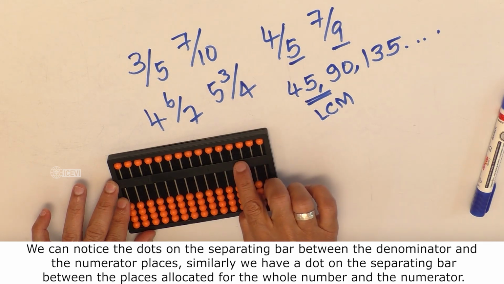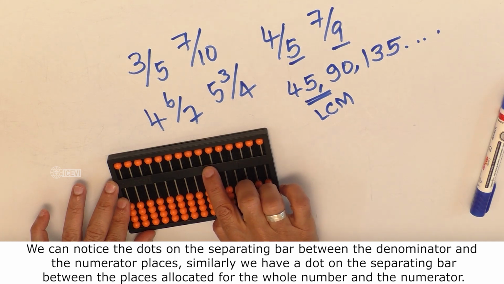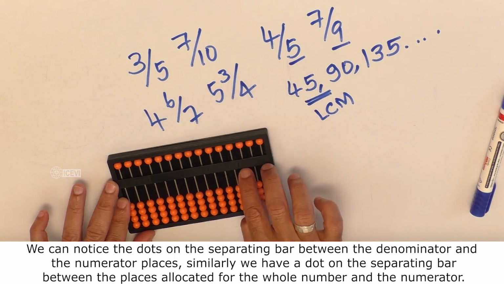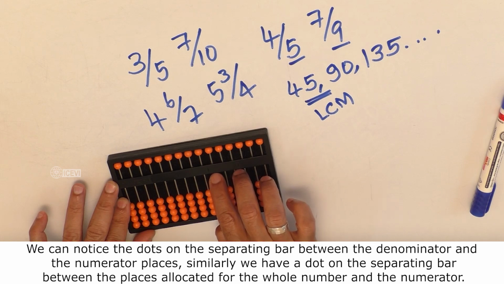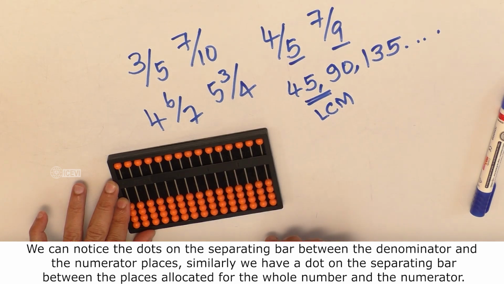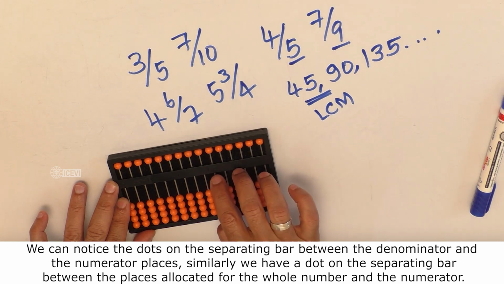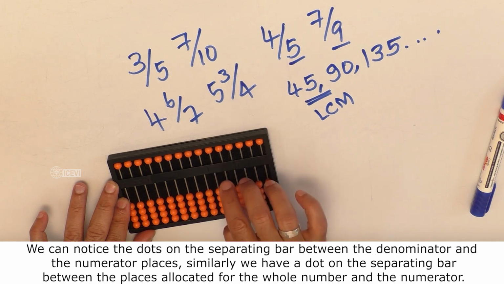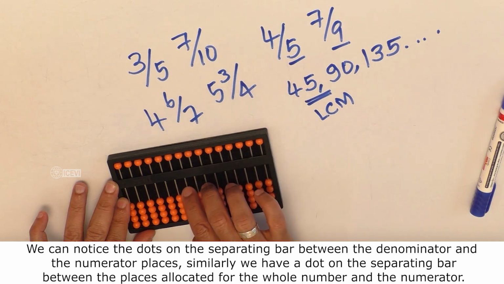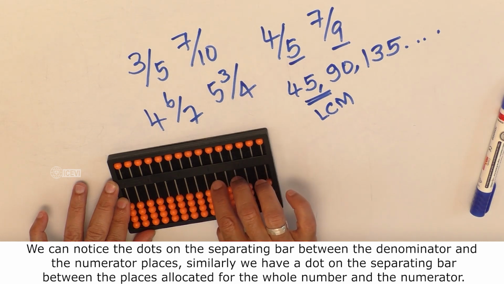We can notice the dots on the separating bar between the denominator and the numerator places. Similarly, we have a dot on the separating bar between the places allocated for the whole number and the numerator.